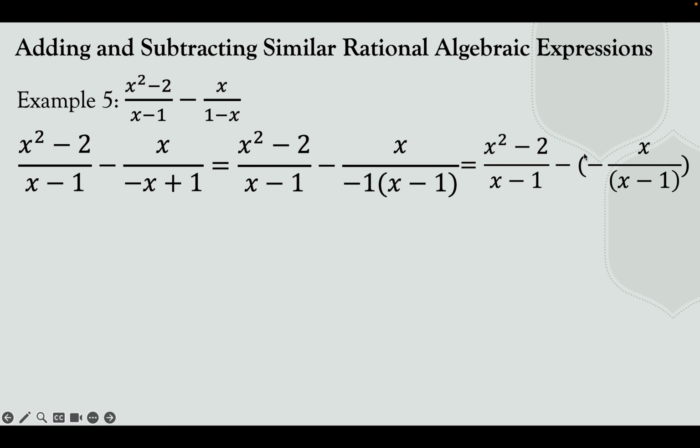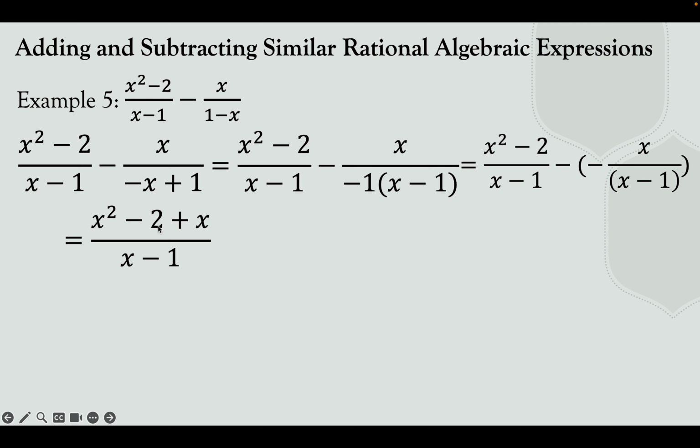Since we have a subtraction sign and the second term is negative, negative times negative turns into positive. So first, copy the first numerator, x squared minus 2, and then we have positive x over the same denominator, x minus 1.